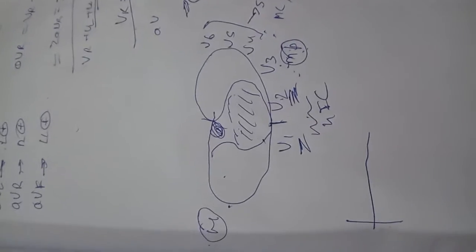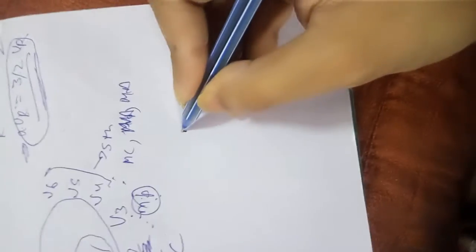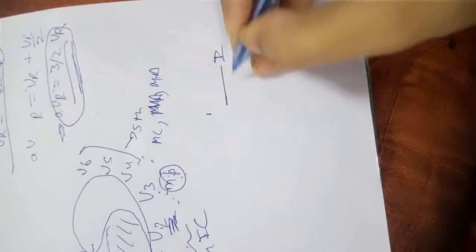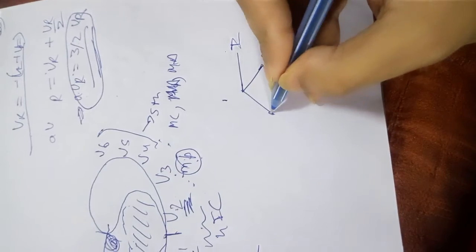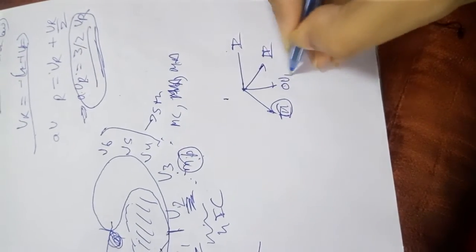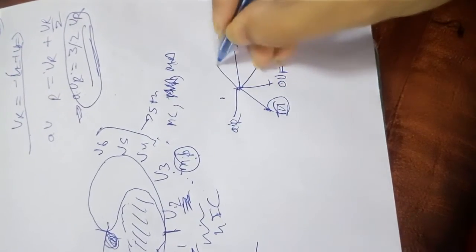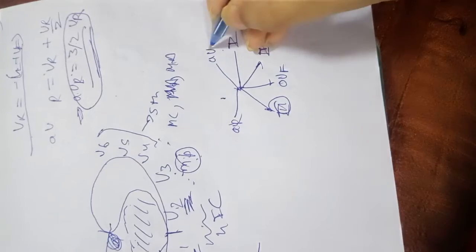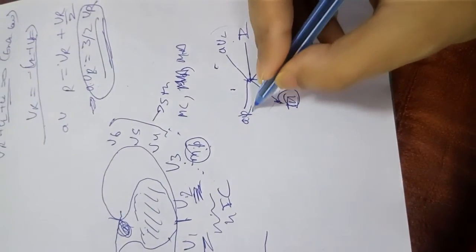So vertical leads are placed something like this. We saw vector 1, vector 2, vector 3. We had here AVF, AVR and AVL. This is a 360 degree circle, so we can extend it here.